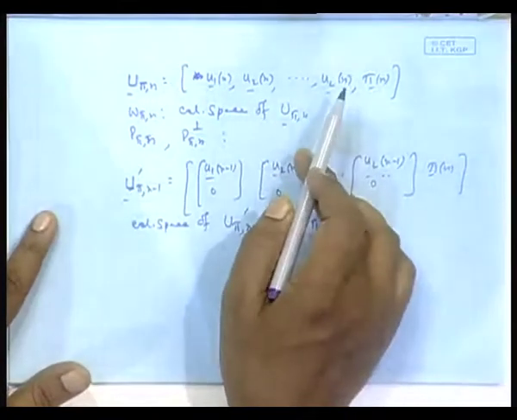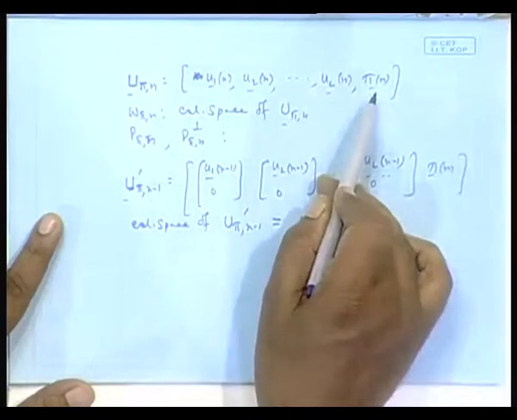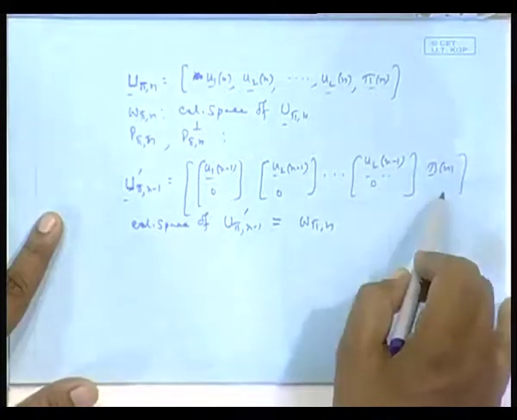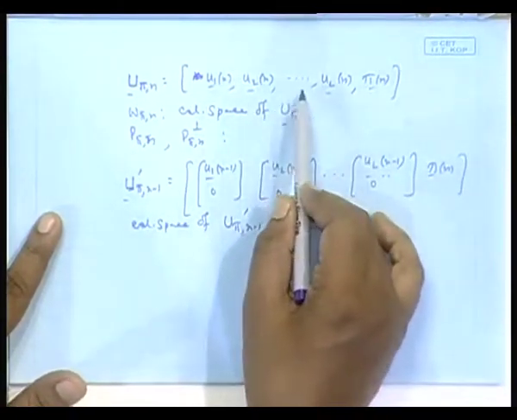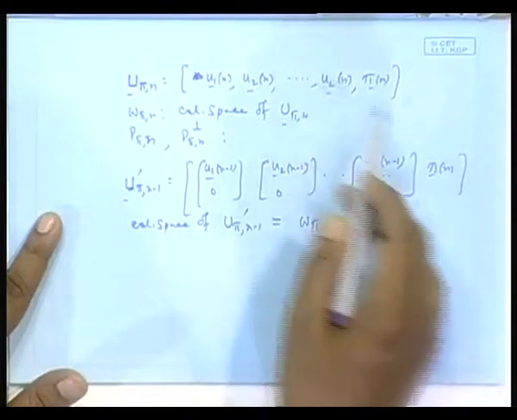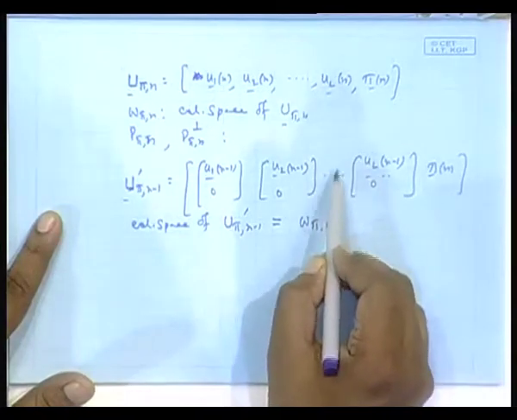Column space of this matrix means what? The space where any vector is typically a linear combination of these fellows. Pi n is present, and any other vector if you pick up, say ukn, that is obtainable as a linear combination of pi n and the vector here with uk n minus 1 and 0.